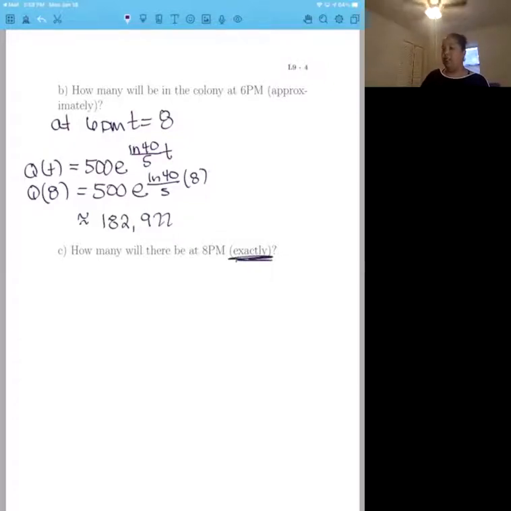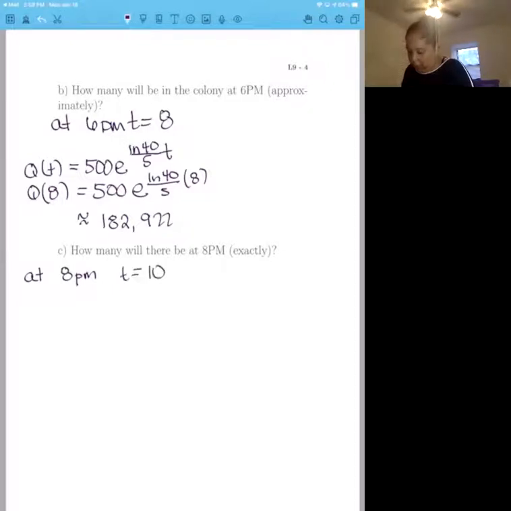All right, now it says how many will there be at 8 p.m., and they want to know exactly. So in other words, they don't want an estimate, they want to know exactly. So we're going to use our laws of logarithms to figure it out. So at 8 p.m., T is equal to 10, right?